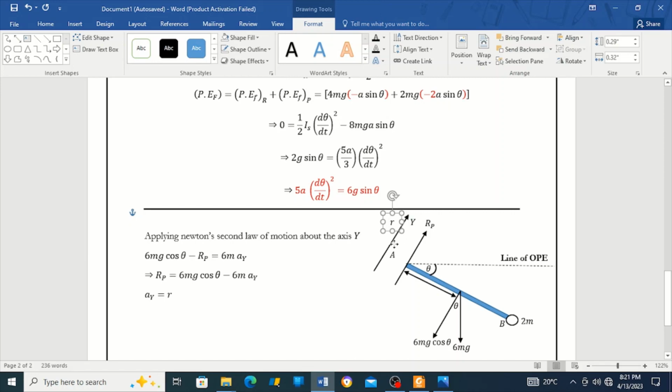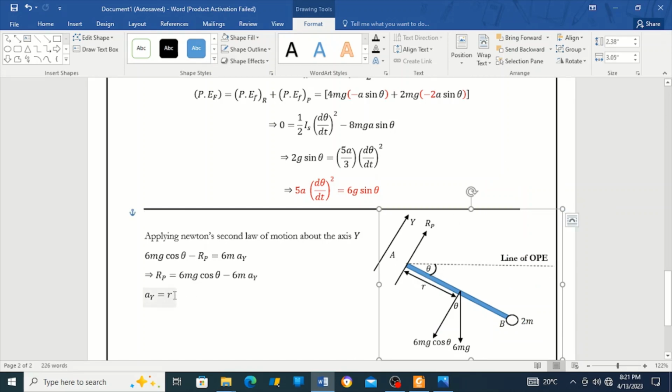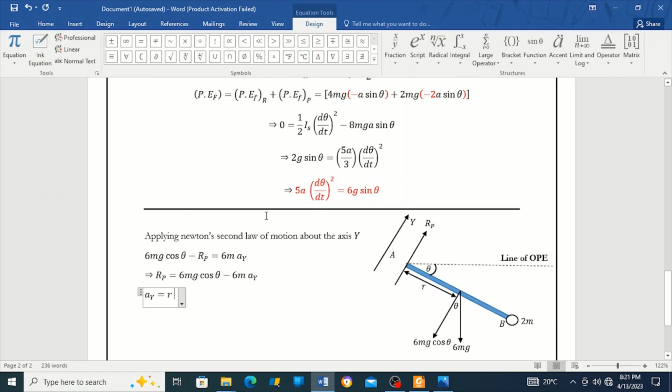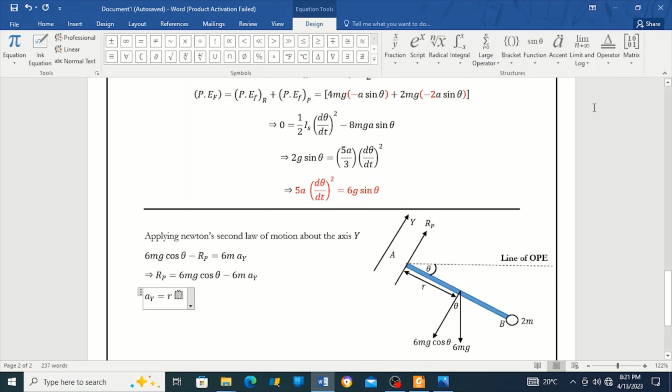So the tangential acceleration is simply r times theta double dot, where theta double dot is the second derivative of our angular displacement.